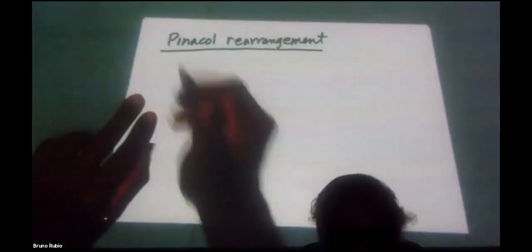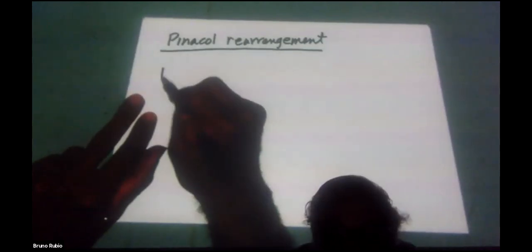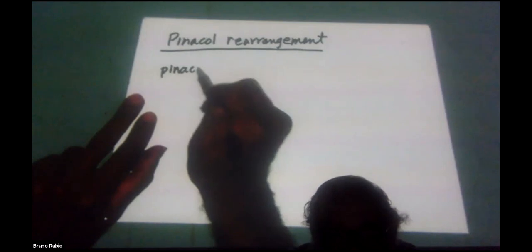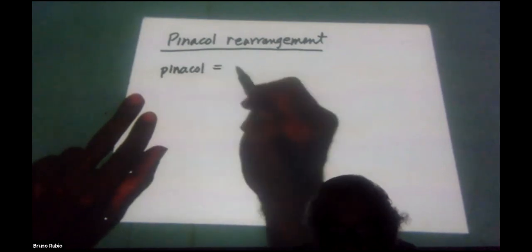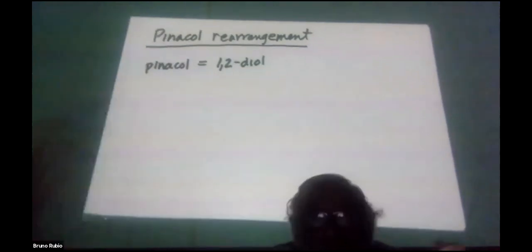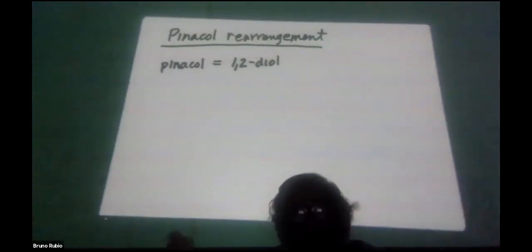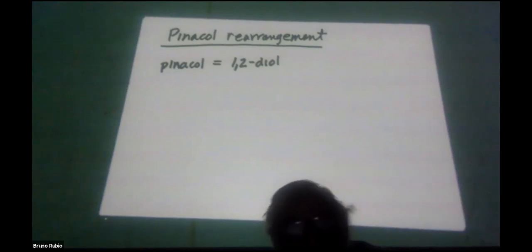Okay, and so a pinacol is just the common name for a 1,2 diol. In other words, you have an OH group at one carbon, and on the neighboring carbon, you have another OH group.